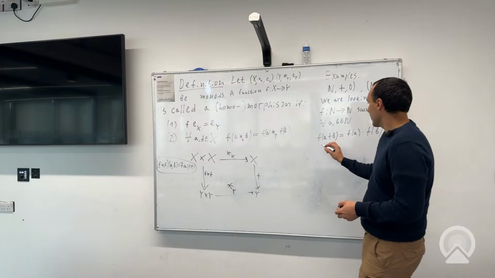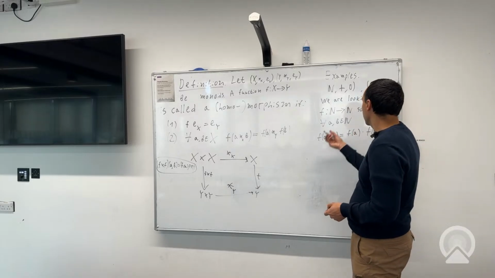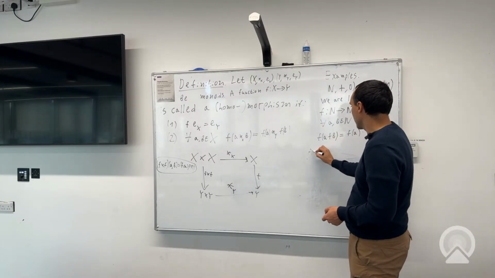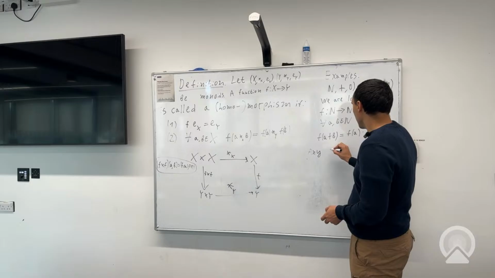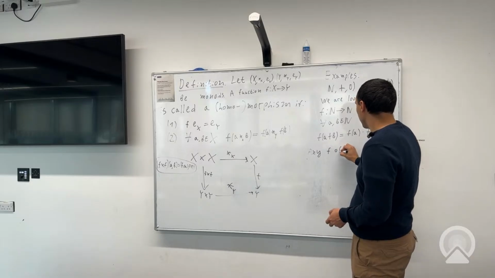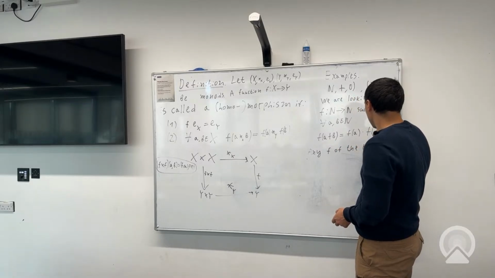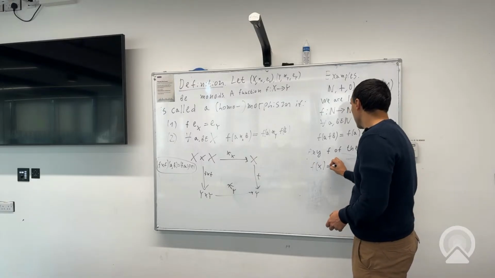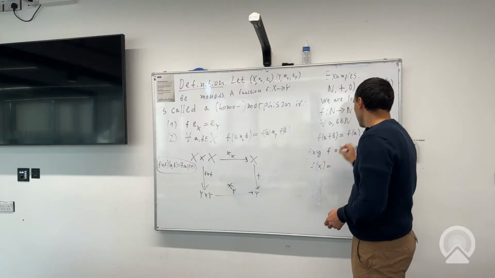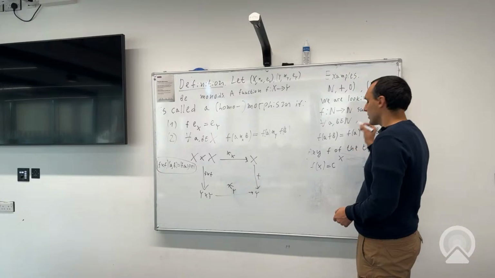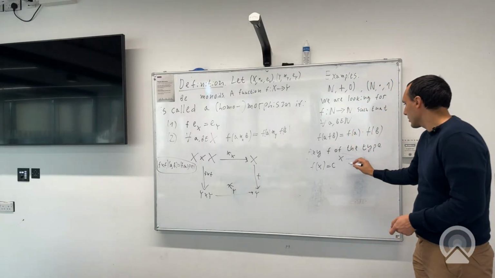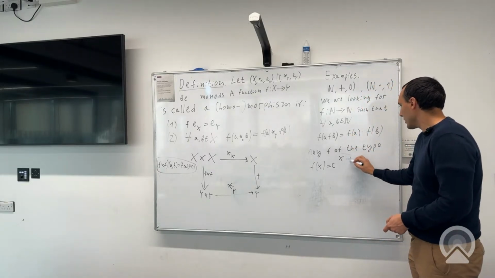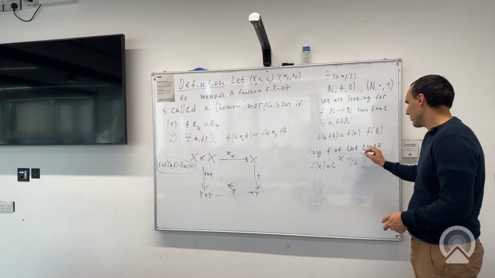So any f of the type f of x equals c to the power of x, where c is some integer.